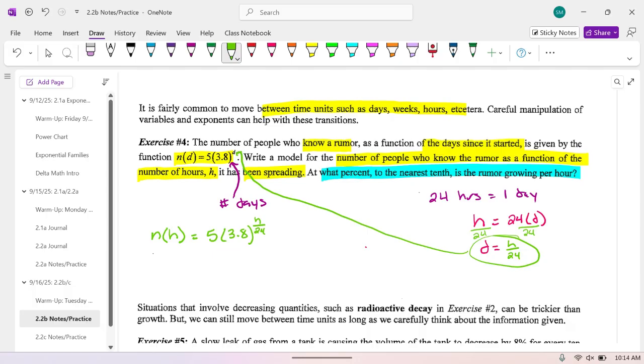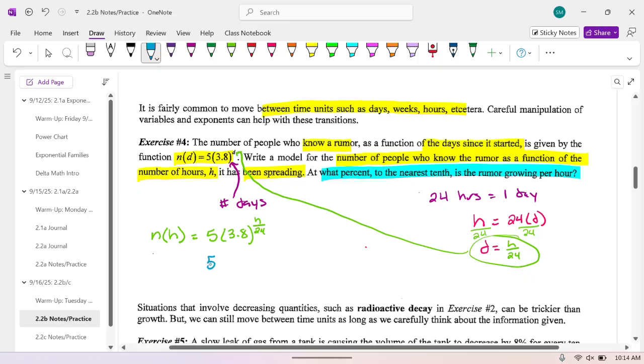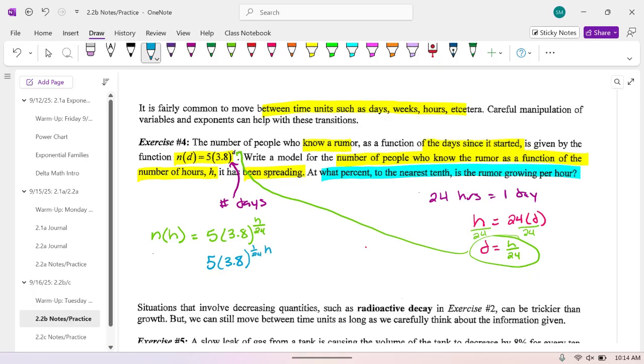I want to get rid of the fraction part connected to the h, so I only have something raised to the h power. How do I do that? I separate the fraction from the variable, and then I put this exponent with the 3.8.